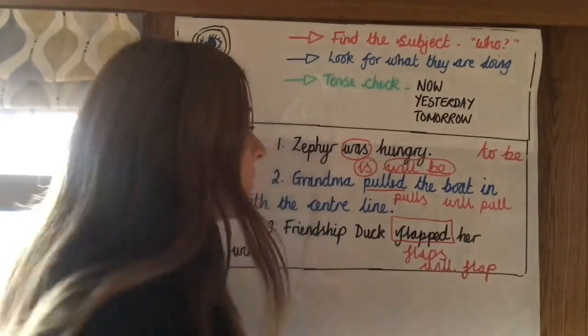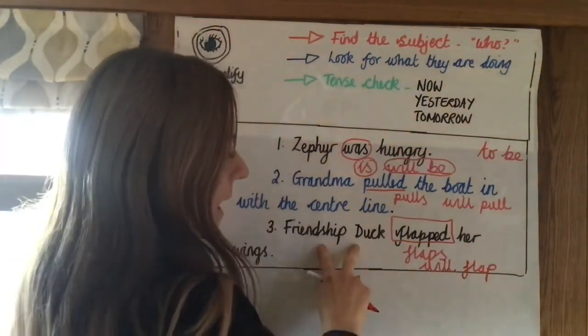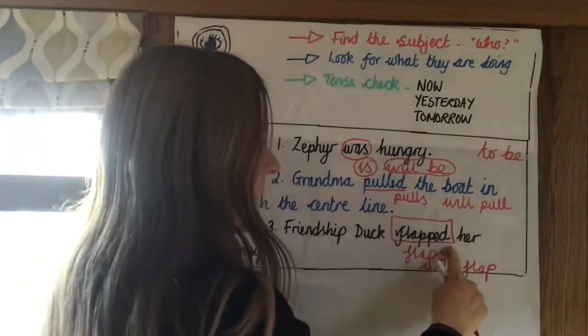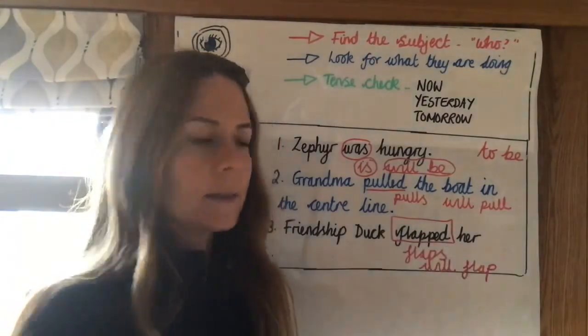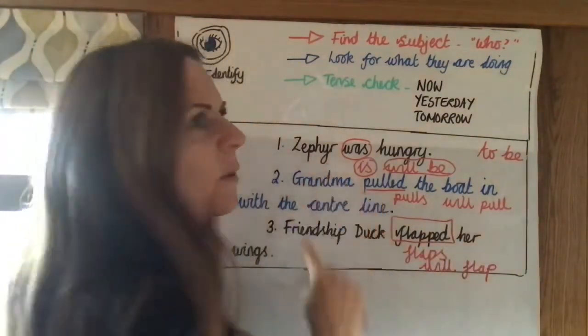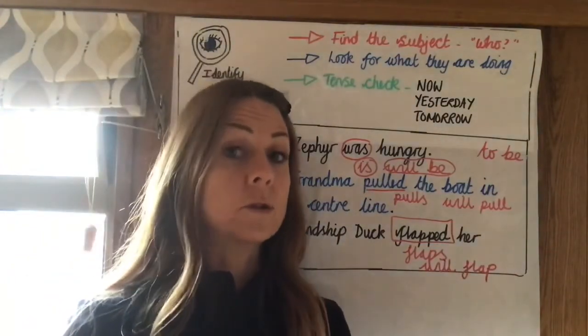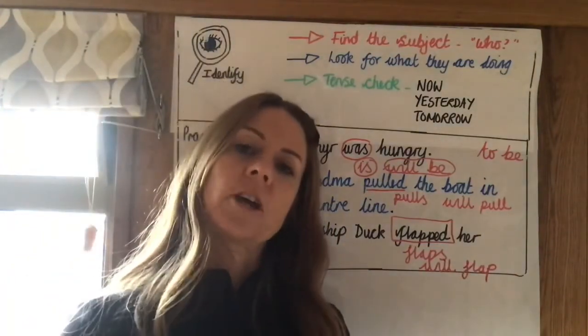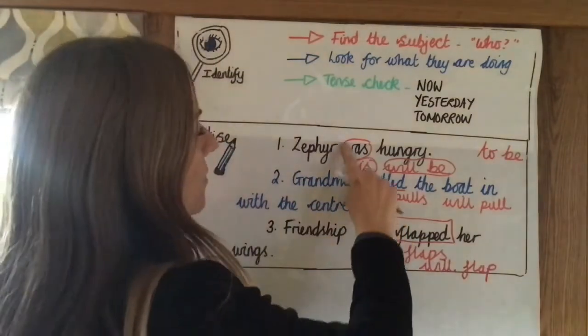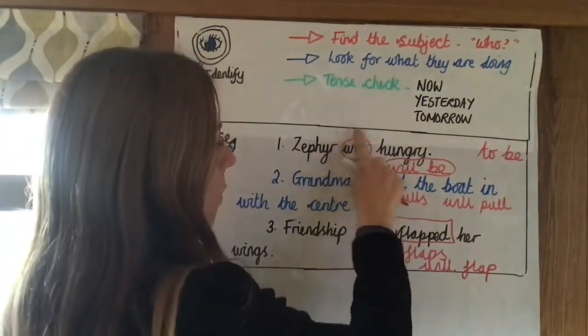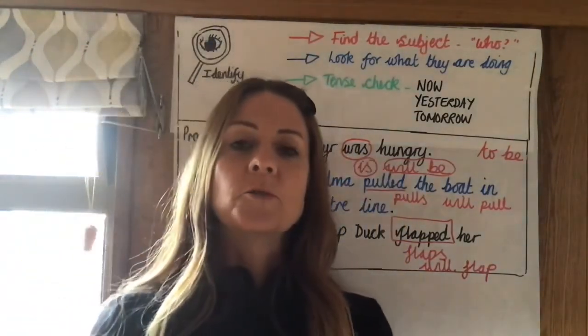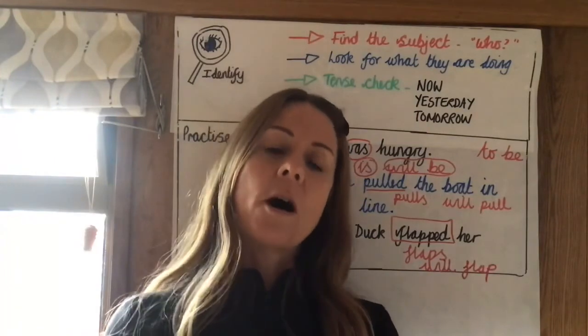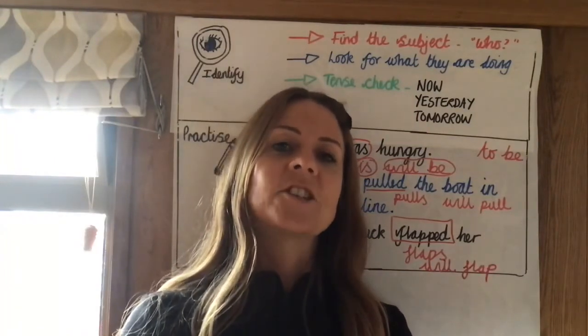So we found our verb by finding our subject and what they were doing, but we checked it with our tenses. But in our first sentence, it wasn't really clear what Zephyr was doing. So we did our tense check to definitely make sure that the word that was changing was. Because remember, verbs are the only word out of all the word classes that change tense.